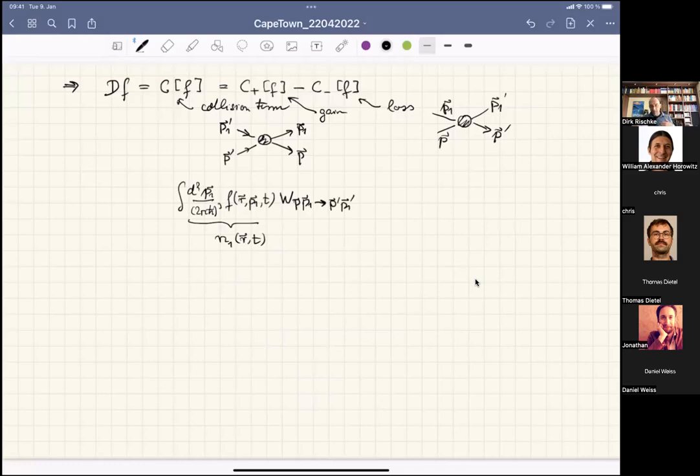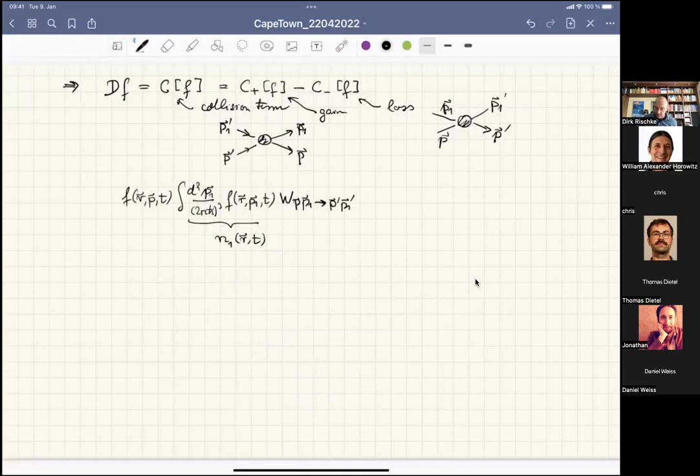And then, of course, if there are more particles with momenta r, p, and t, then you will also get more loss. The more you have, the more you can lose, because the more of these collision processes will happen. So this is basically what C minus is proportional to.